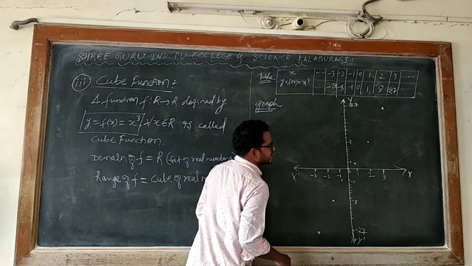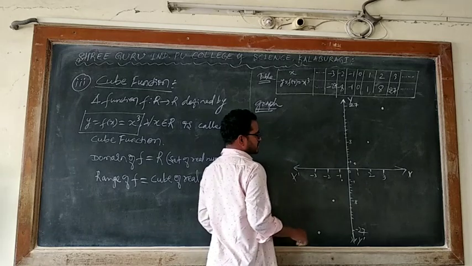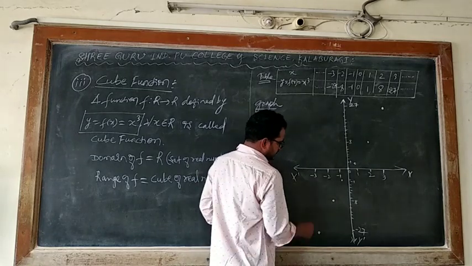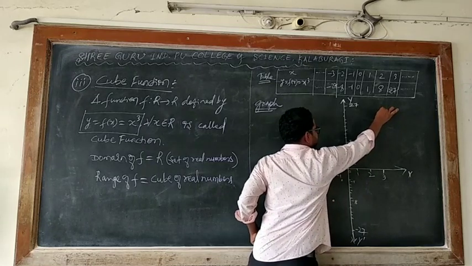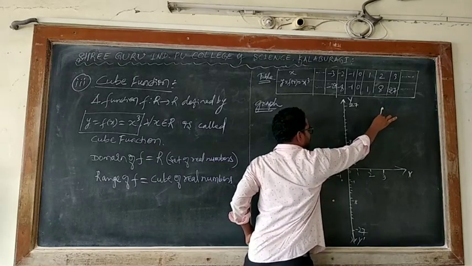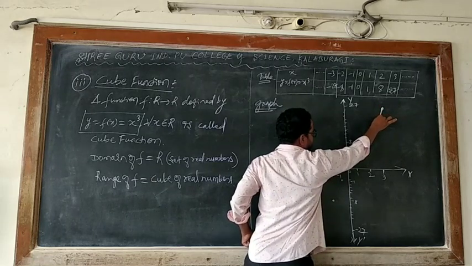So I have plotted so many points. It is not a straight line, it is a curve. You can connect all these points by using a curve. Use the curve freehand. While drawing this graph, don't use a scale.